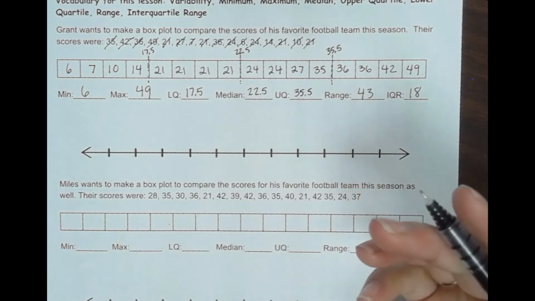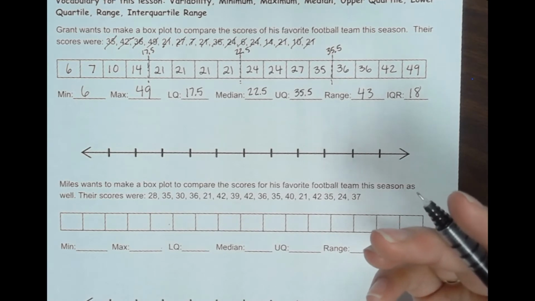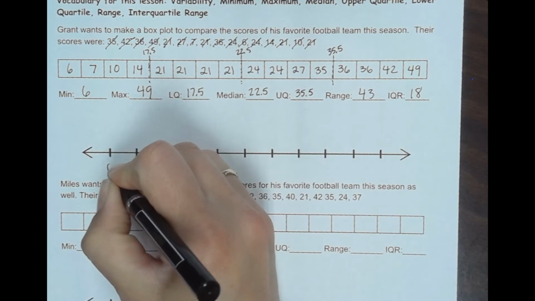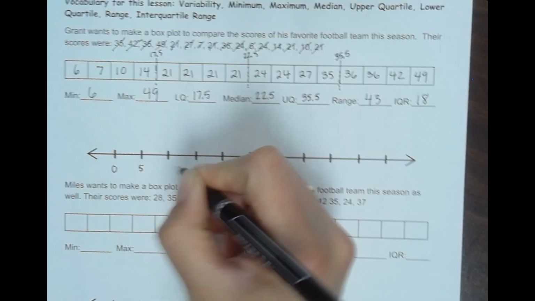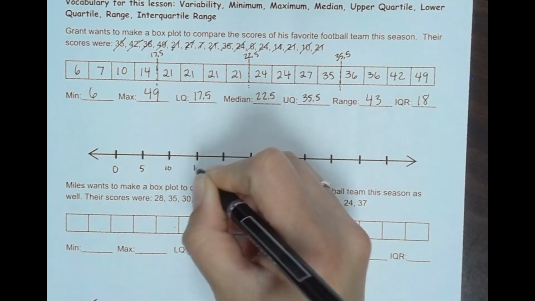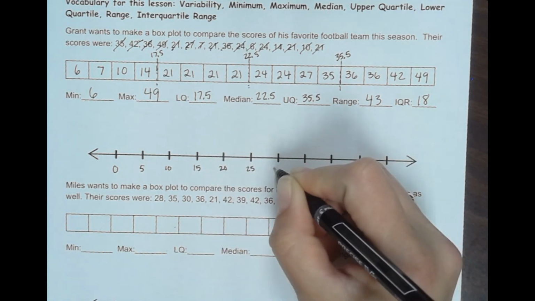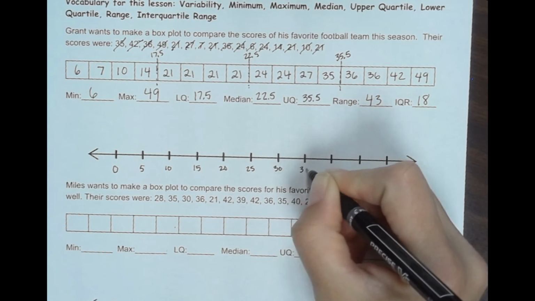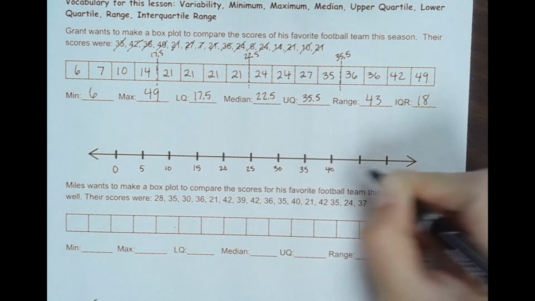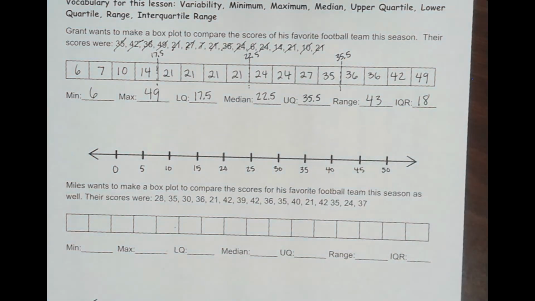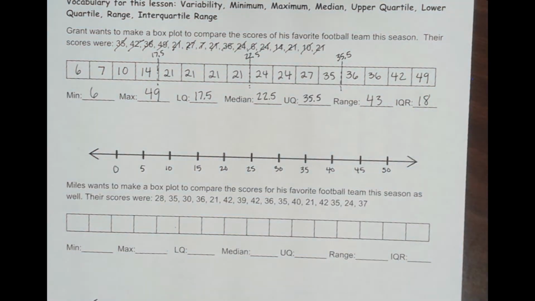Maybe pick something that I can number by, so maybe 0 to 50 if I number by 5s. So if I start 0 here, 5, 10, 15, 20, 25, 30, 35, 40, 45, 50. That will fit everything I need.